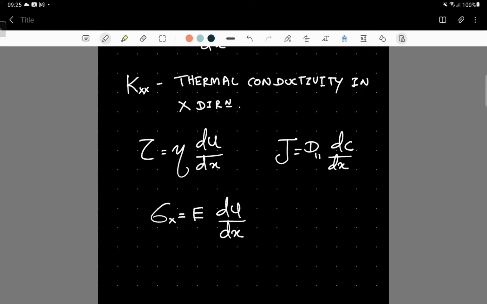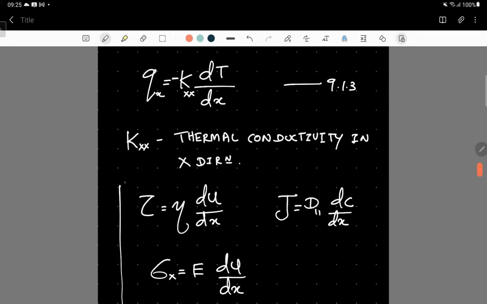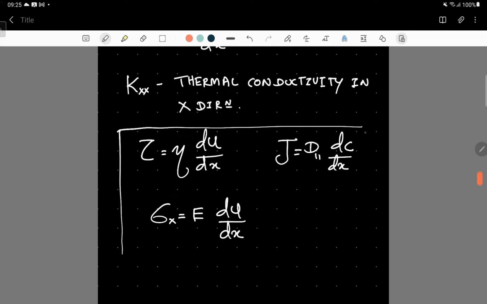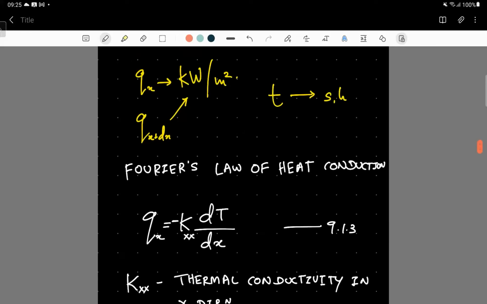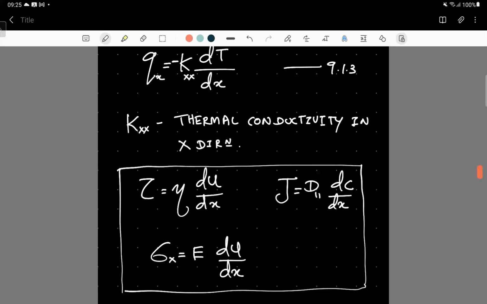So similarly, we have already used the thermal conductivity to relate the heat flux to the temperature gradient. Nothing new, only the physical quantities vary. So let's consider, we have written the heat flux for the first surface.